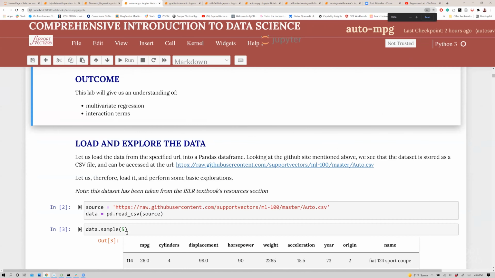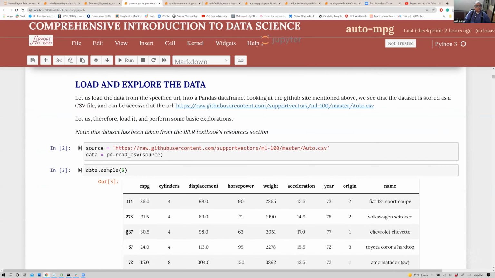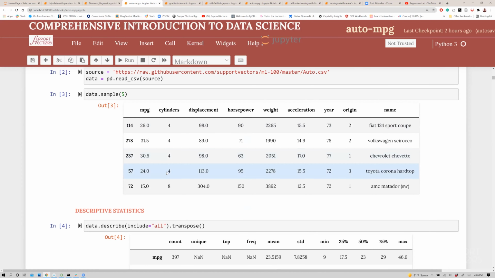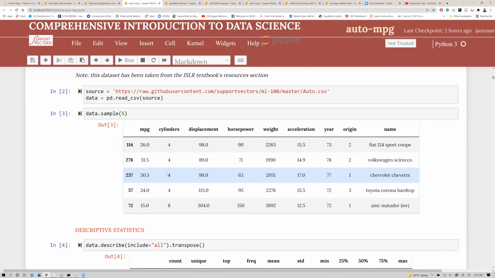So this is how the data looks. If you sample the data, you notice the miles per gallon. Would you say these are impressive miles per gallon by modern standards? Probably not. Most cars don't give much higher mileage. People are shooting for 40, 50, 60 these days.